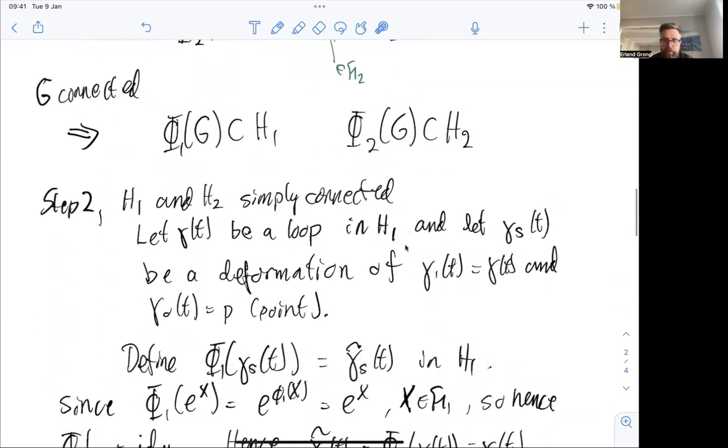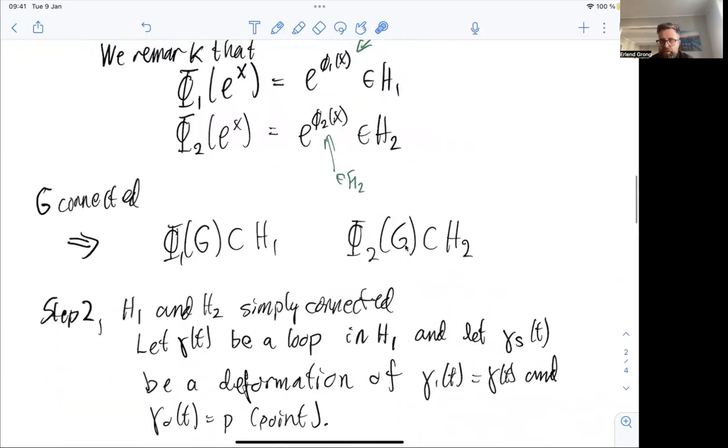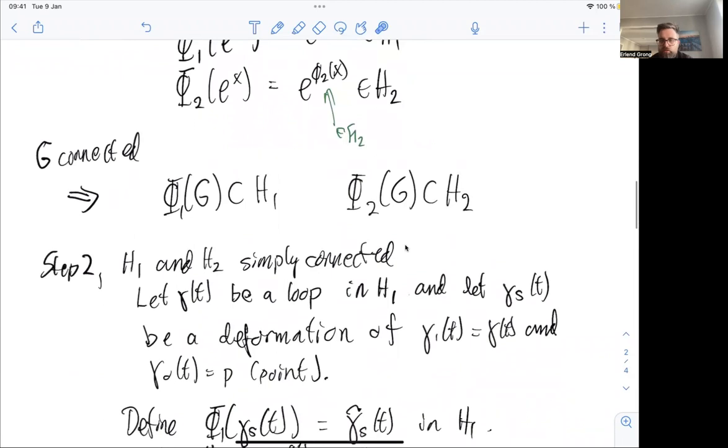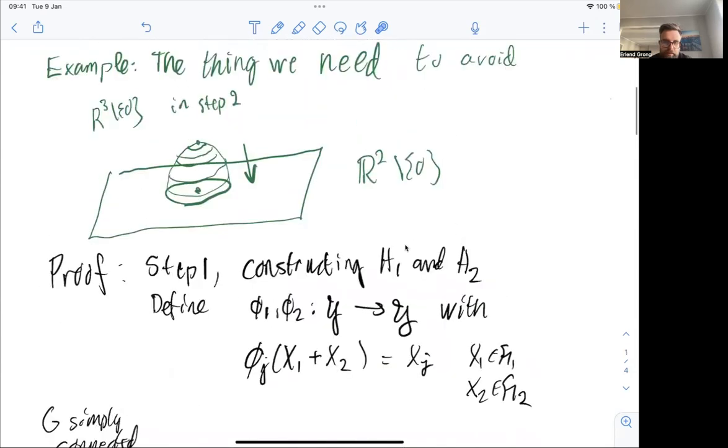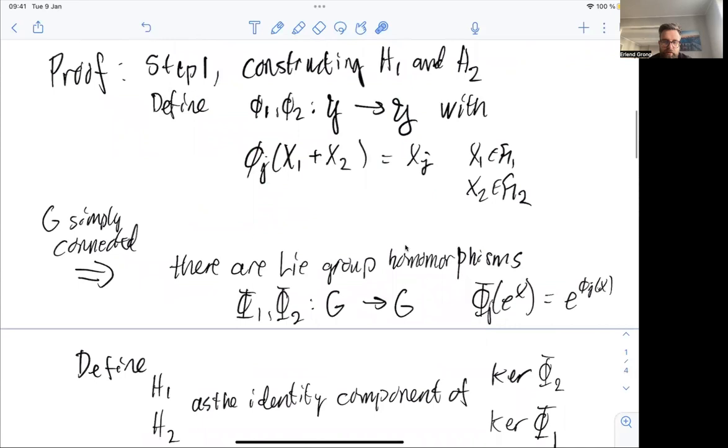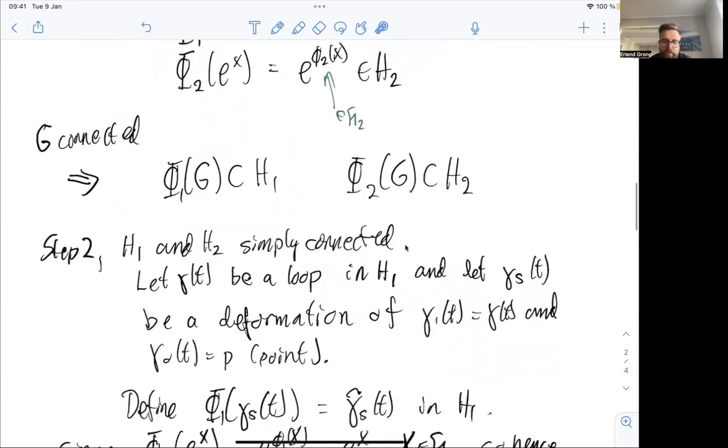And now that we have these projections to H1 and H2, so we have some group homomorphism going from the large group G into H1 and H2, we're going to use that to show that they're simply connected. The way we're doing that is essentially this point here, but we have a projection this time.